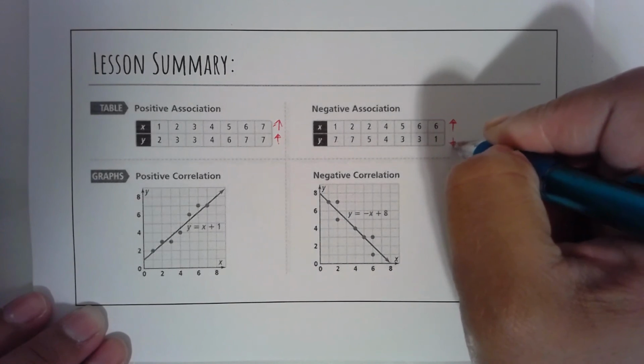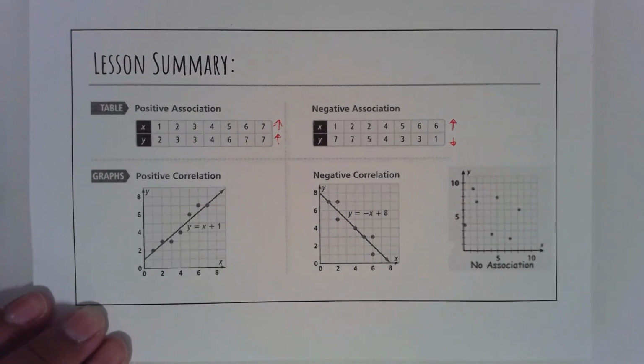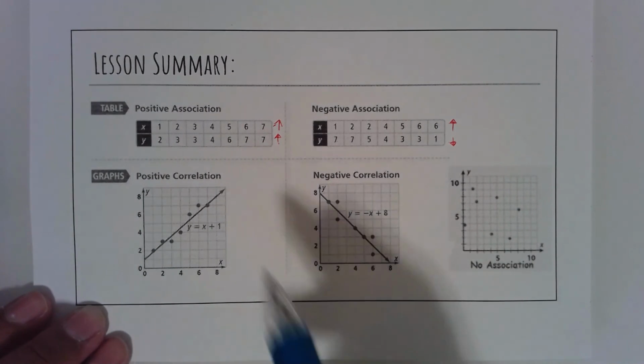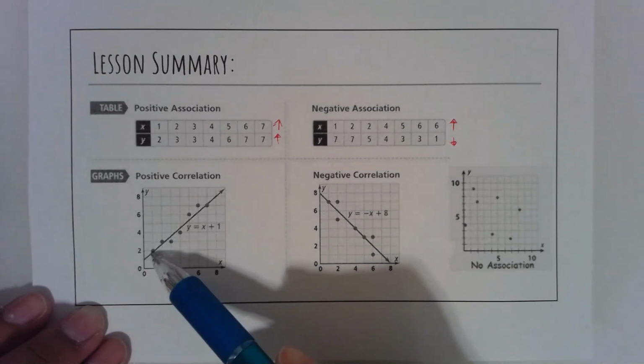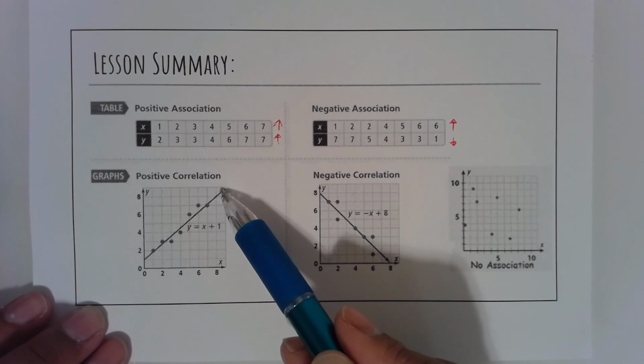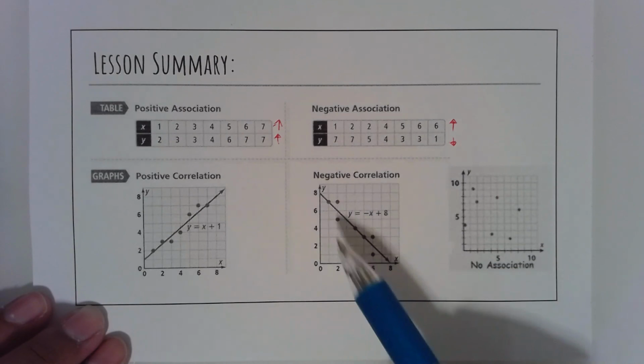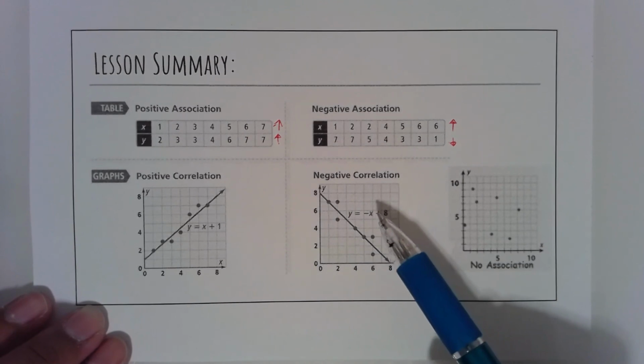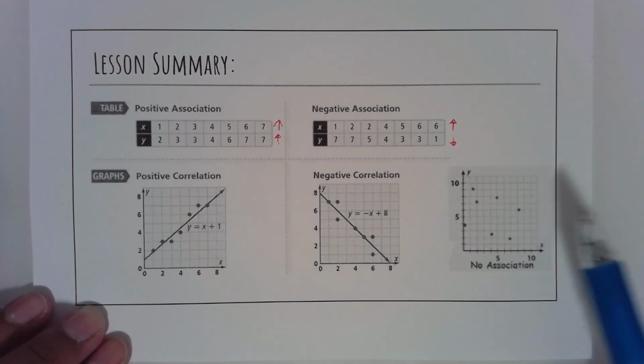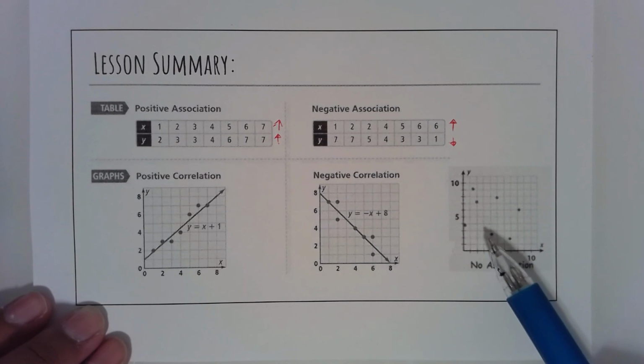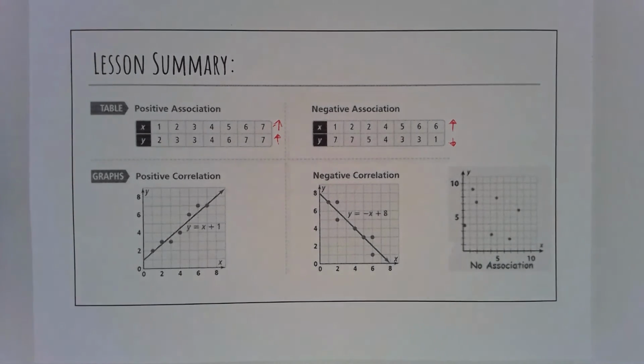So one goes up as the other one goes down. And in a graph, you can see it by seeing an upward line if it's a positive correlation, or a downward line if it's a negative correlation. And finally, if there is no identifiable pattern, then that means there is no correlation or association between the two.